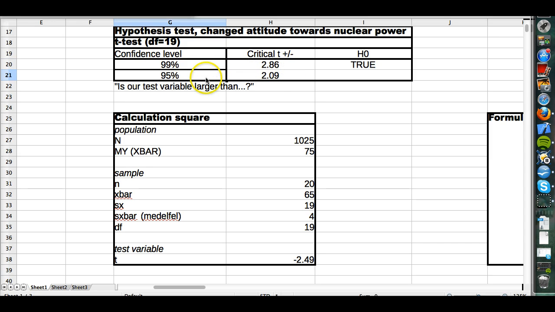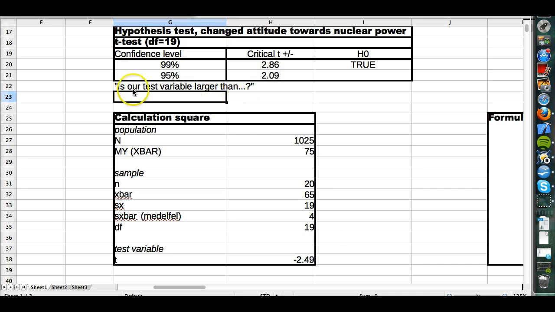If we lower our confidence level to 95%, we get a different critical t-value, and we can try that instead. 95% is a lower confidence level, but it's still acceptable in most social science studies. It means that if we conducted the sample 100 times, we would get a critical test score based on those samples between minus 2.09 and plus 2.09.